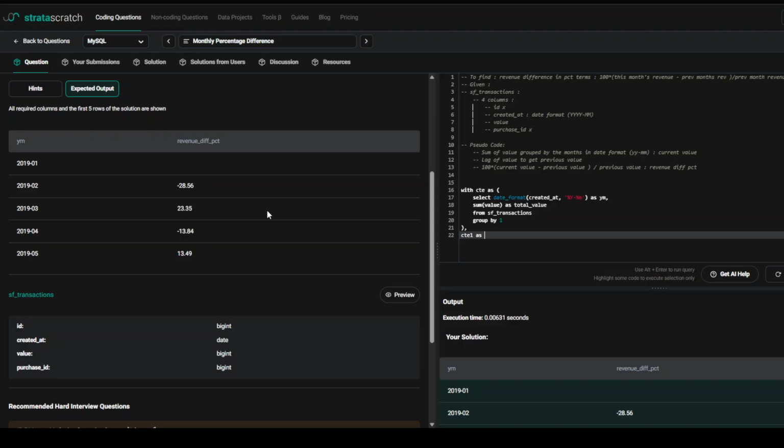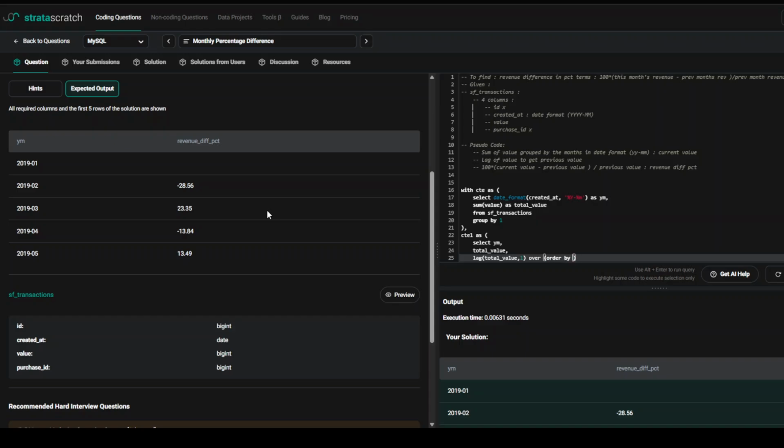Now if we move to CTE1, we will have ym and the total value, and we can calculate the previous value of total value by using the lag function. Lag is a window function that provides the previous value over, ordered by the particular date or thing that you want to order by.